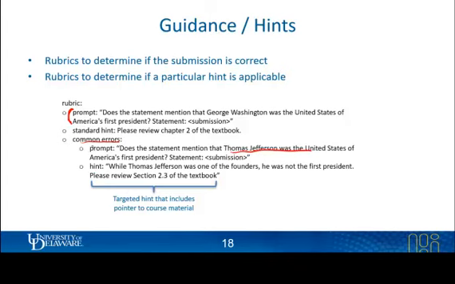This is what we write: we wrote this prompt, and we write this hint. The hint says something about what you should do, and then points back to the course material as to how to improve. So it's a very specific prompt and a very specific hint, and we can have many of these common errors.